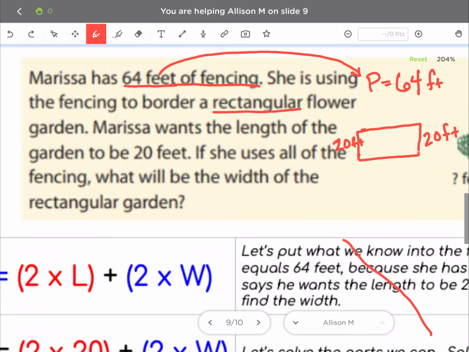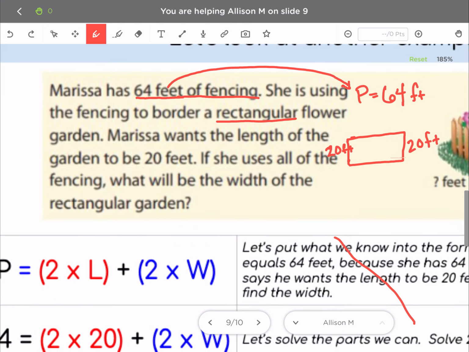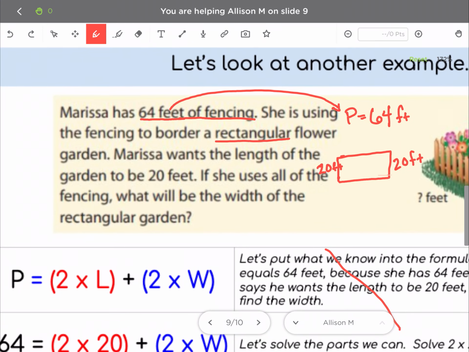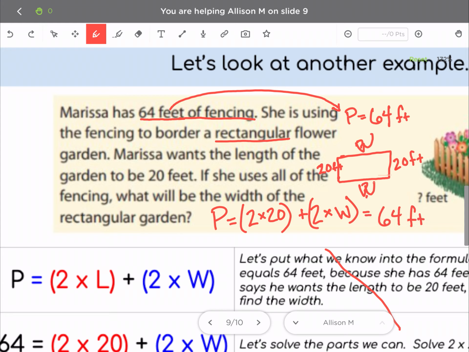So if we put it in our formula, perimeter equals 2 L's, which we already have. 2 L's is 2 times 20, because we have 2 20s, plus 2 of the question marks that we don't know. 2 times, and we're going to call those the width, W and W. And then we know all of that equals 64 feet.